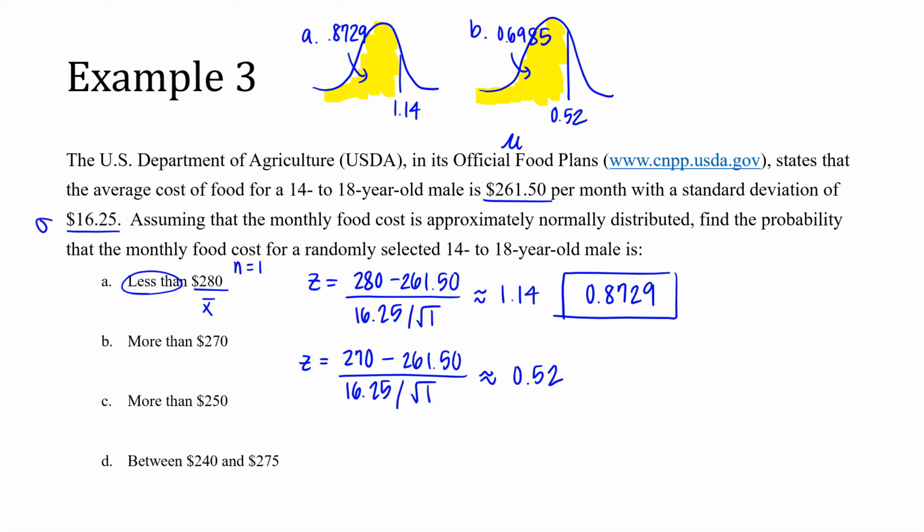Now reading the question one more time, it says more than $270. We found less than $270, so to find more than, we would take 1 minus 0.6985 and find that it's about 0.3015.